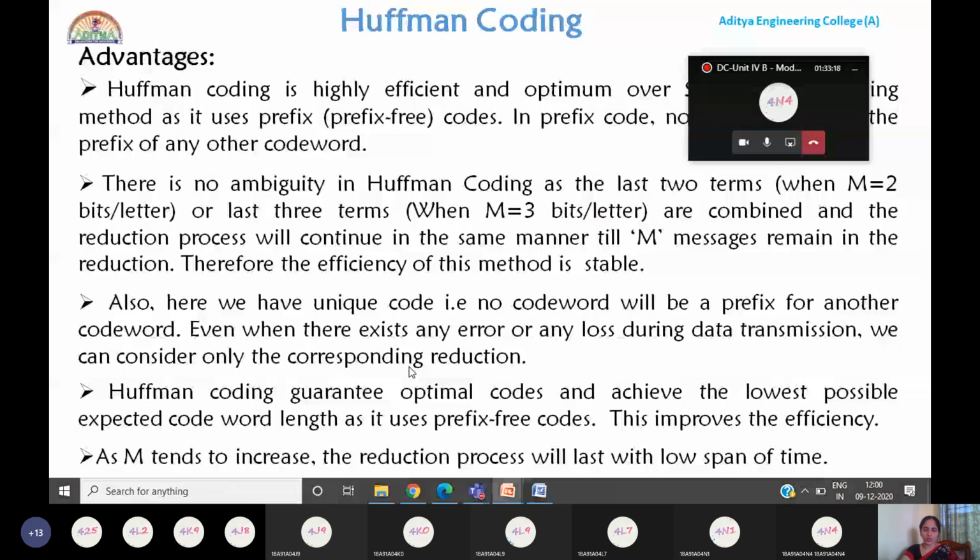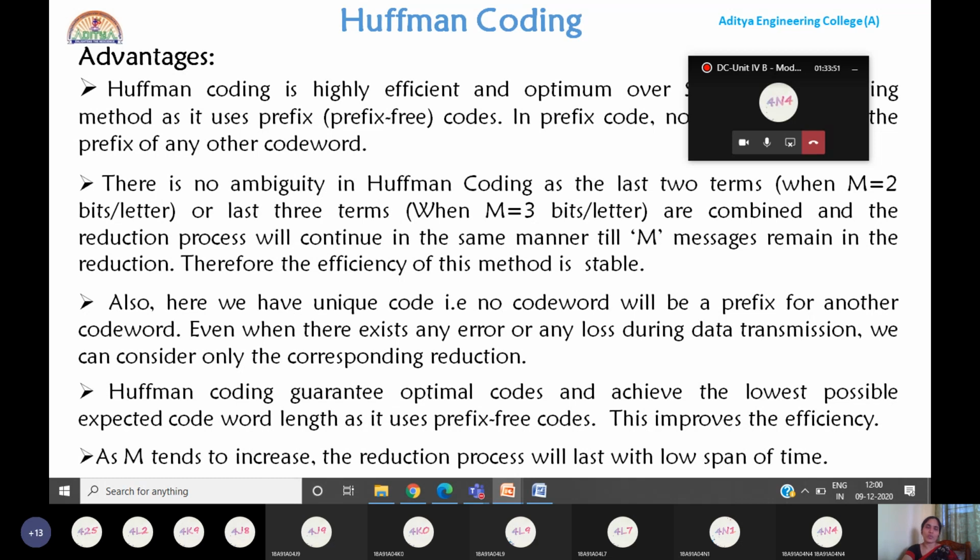And Huffman coding can guarantee optimal codes, because by using this Huffman coding method, we can achieve the lowest possible average code word length. So you can reduce the value of L by using the Huffman coding method, because in order to improve the efficiency, the average code length you need to minimize.